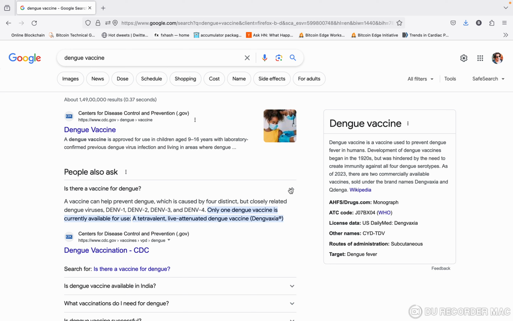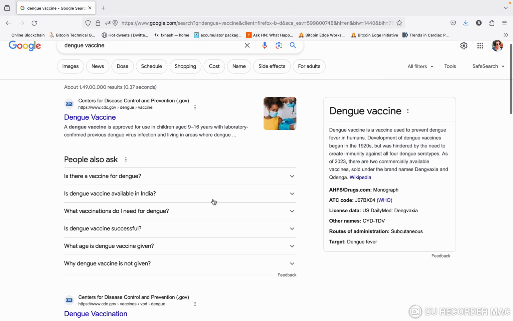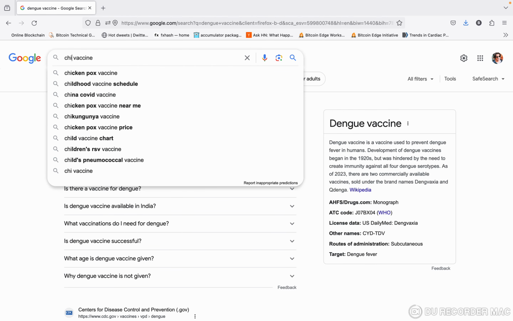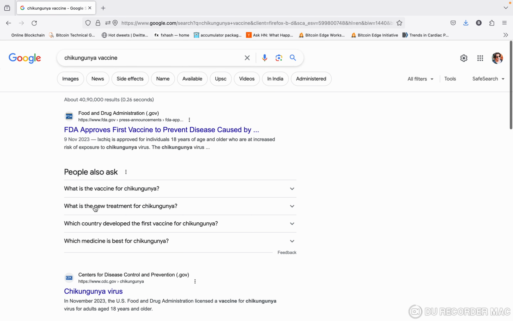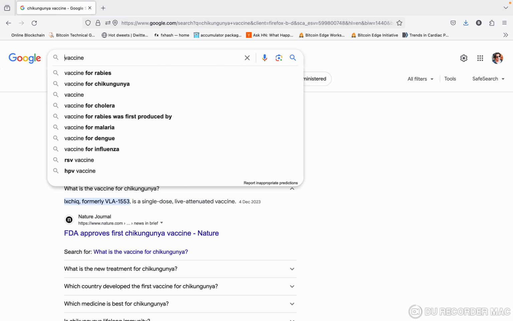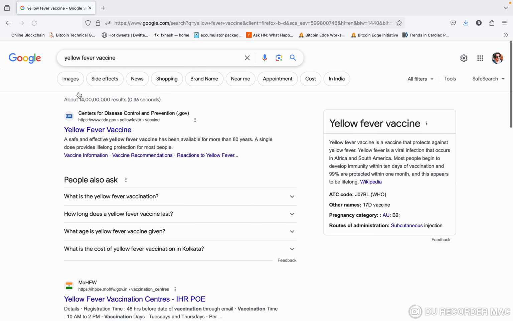Okay, there are 2 vaccines available for dengue. For chikungunya, okay, there is a vaccine, and for yellow fever, there is also a vaccine for yellow fever.